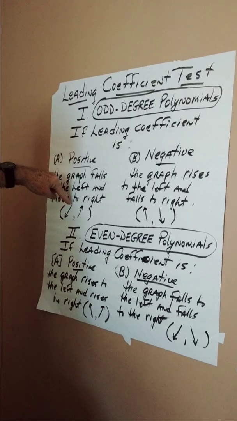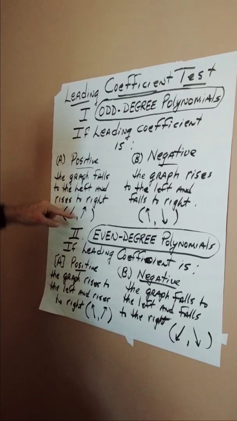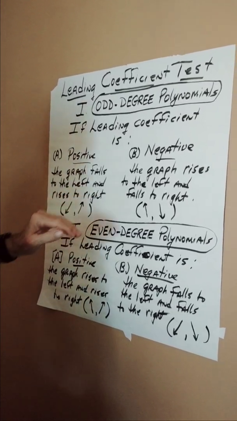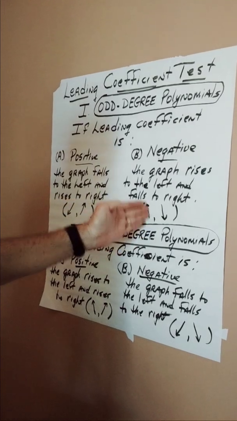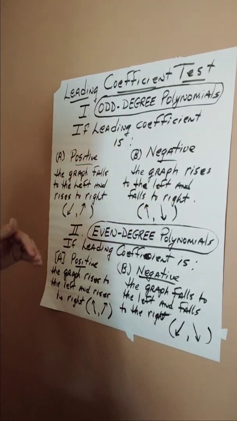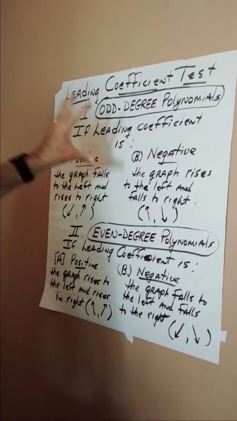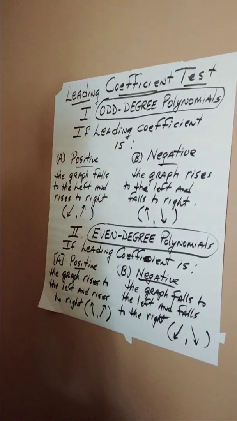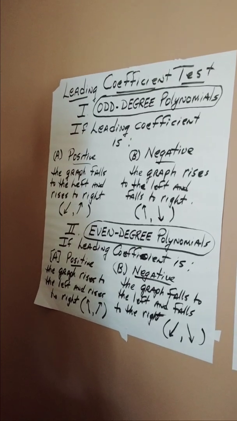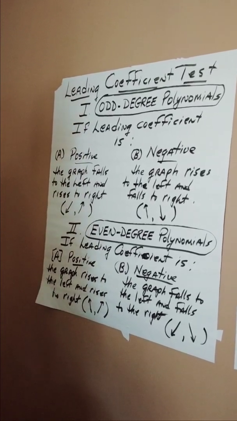In one case, one will fall to the left and rise to the right, and in another case, it will rise to the left and fall to the right. Odd degree polynomials have opposite behavior in terms of the end behavior of the graphs.